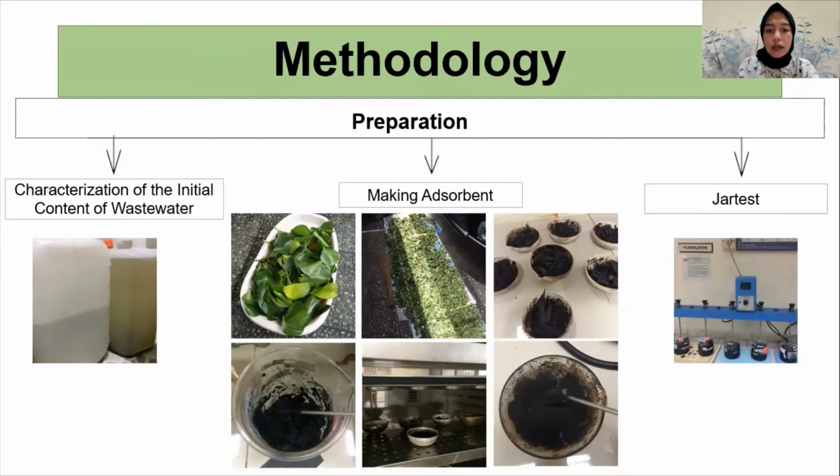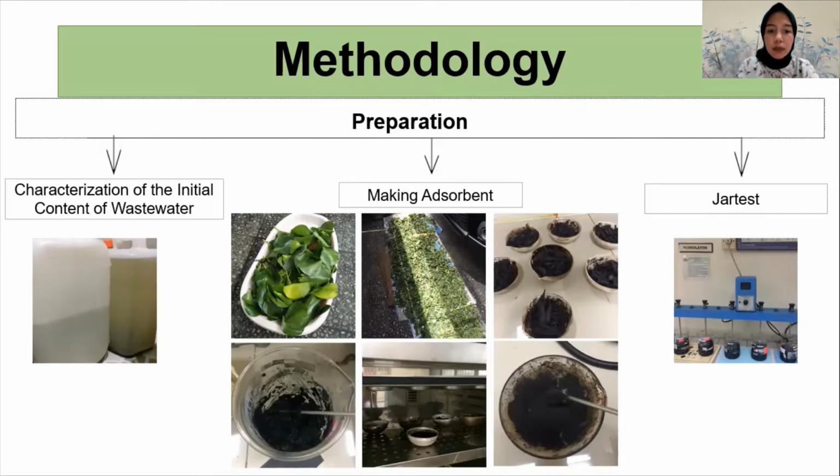Furthermore, the dried water hyacinth leaves are put in a furnace at a temperature of 300 for 10 until 15 minutes until charcoal is formed. Then the water hyacinth leaves were ground and sieved using a 100 mesh sieve. The adsorbent was made from carbonized water hyacinth leaves and activated with a 20% H2SO4 solution with a ratio of 2 milliliters to 1 gram of adsorbent.